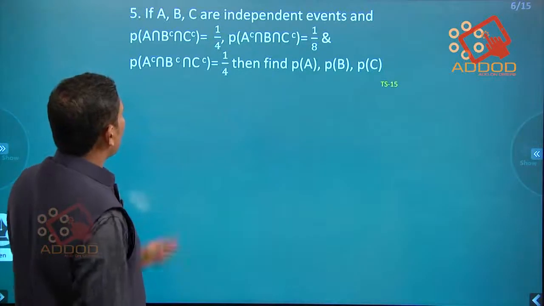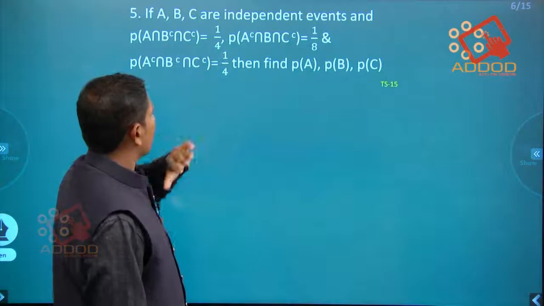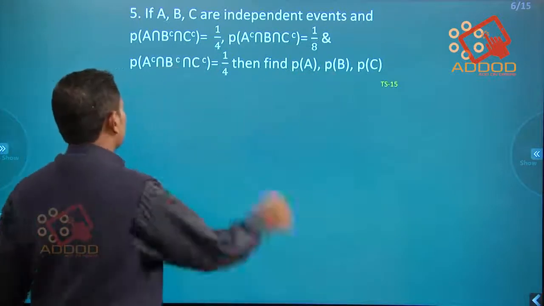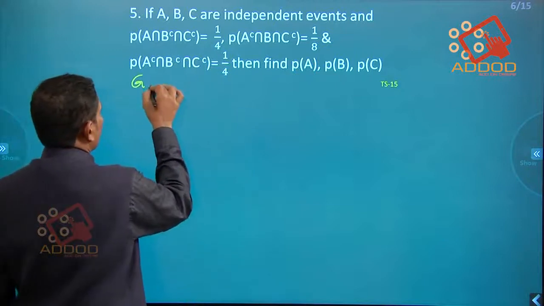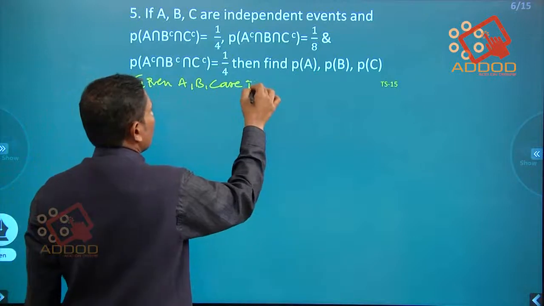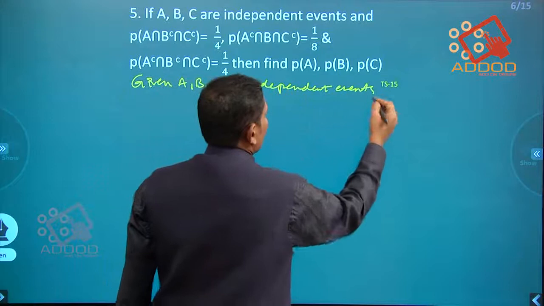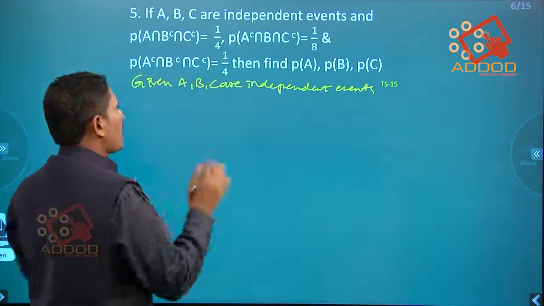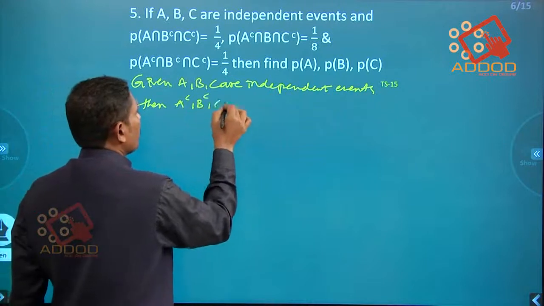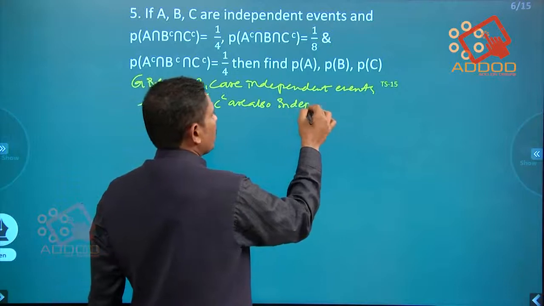The next question says A, B, C are independent events and some complements are given, then find the values of P of A, P of B, P of C. If A, B, C are independent events, then the complements A complement, B complement, C complement are also independent events.